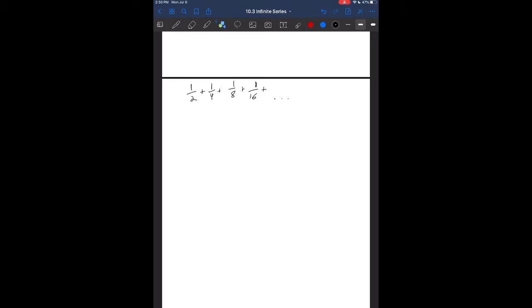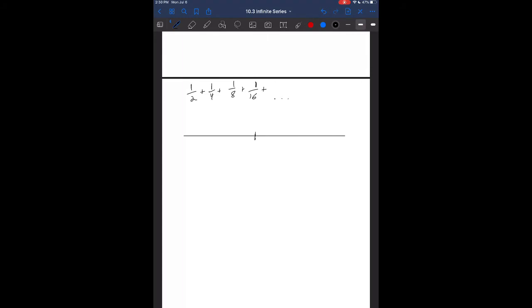Now, the reason we're looking specifically at this example, which is very interesting, is something called Zeno's paradox. The idea is that you are running a race, or I think he phrased it as a turtle running a race. He was an ancient Greek. And he says, okay, well, the first thing you have to do is run the first half of the race. You do that, okay, takes some amount of time.